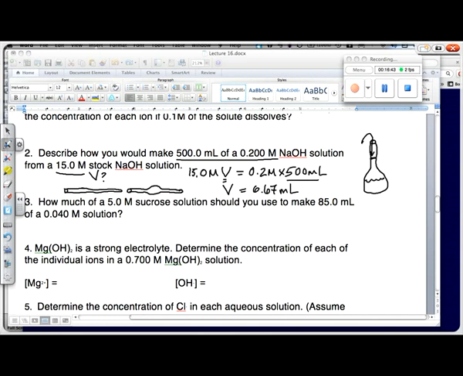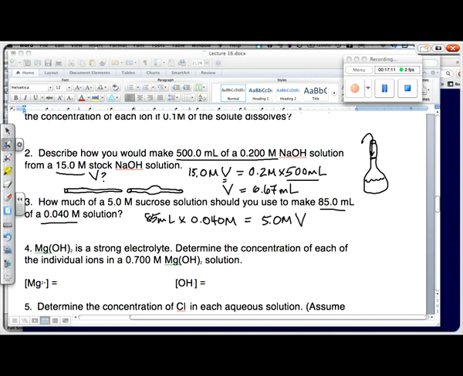How much of a 5 molar sucrose solution, so here's another dilution question. Why don't you stop the video and give this one a try, and then come back. Looks like this 85 milliliters goes with this. So 85 milliliters times 0.04 molar equals 5 molar times the volume, and I need to know the volume of that.